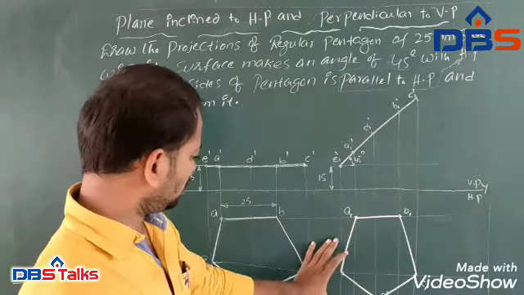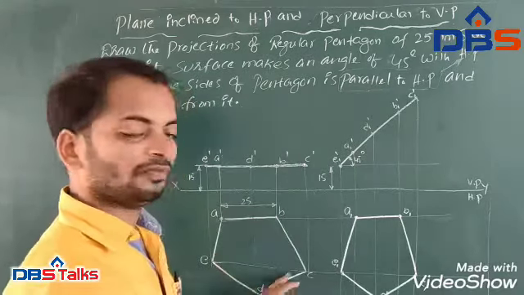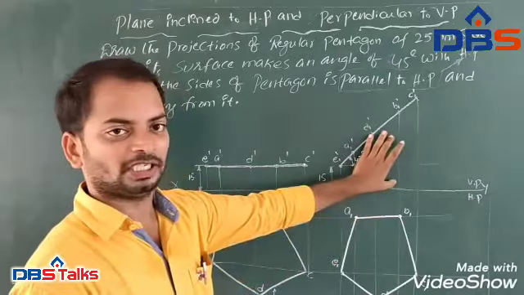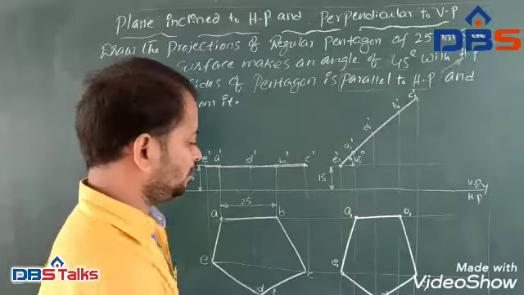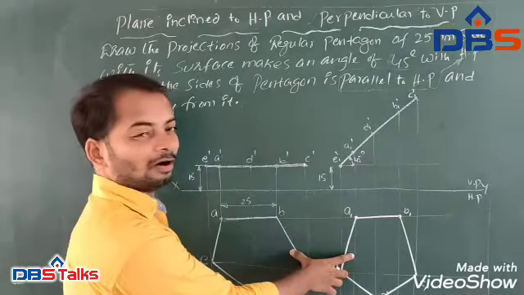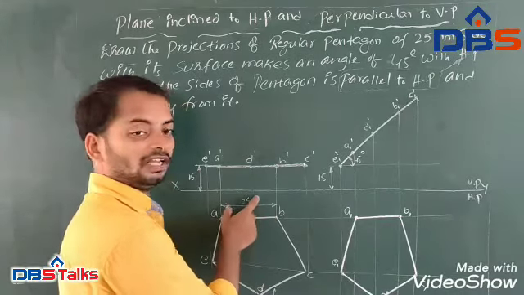If you see the original, that is the length or dimensions of a regular pentagon before the inclination of projection and after the inclination of projection, you see the two dimensions of a plane are diverse. Originally it is 25.